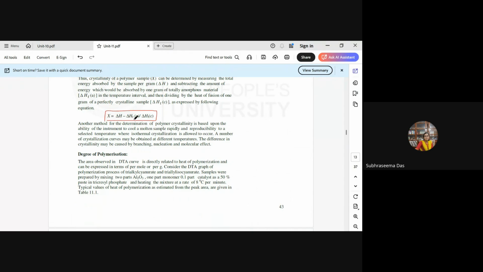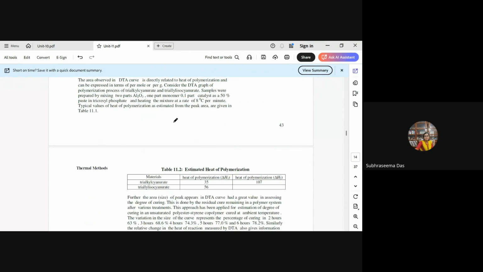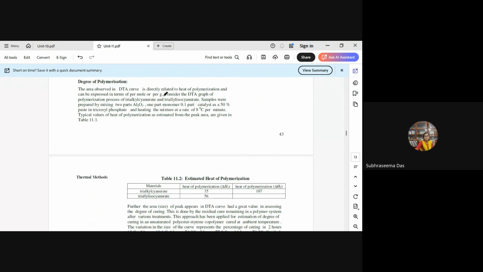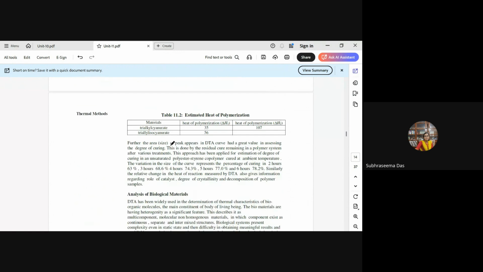Here A is for our sample and delta HF for C means the theoretical value calculated for the perfect crystalline material. Then the degree of polymerization can also be calculated from the area of the DTA curve. If we consider the DTA curve, then by calculating the area under the peak, we can calculate the degree of polymerization of the particular sample.